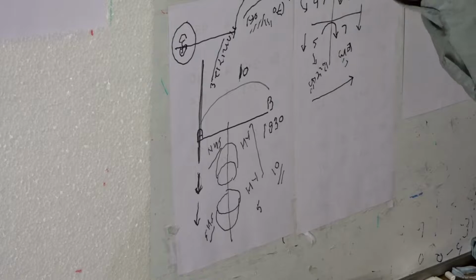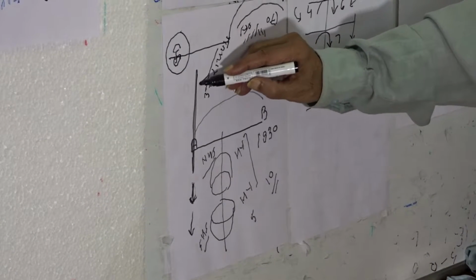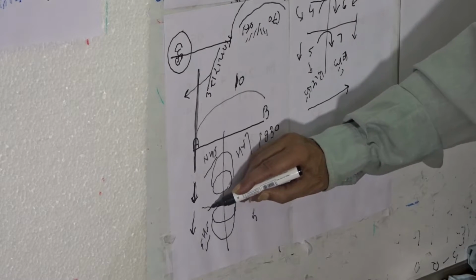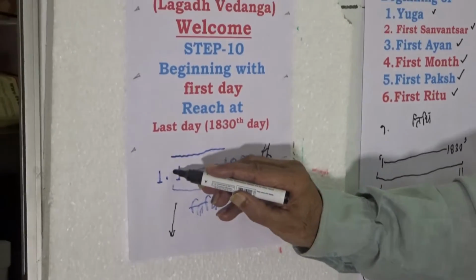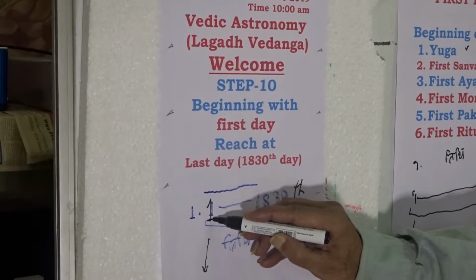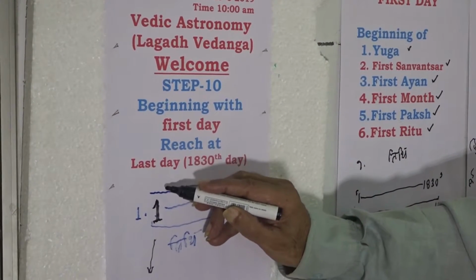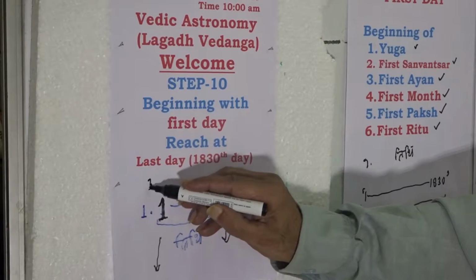The Lagd Jyotish Vedanga accepts Uttarayan as the first ion and Dakshinayan as the second ion. As such, the first day is going to be the beginning of a yuga itself, then the beginning of the first year, and of the first year as well it is going to be of Uttarayan.